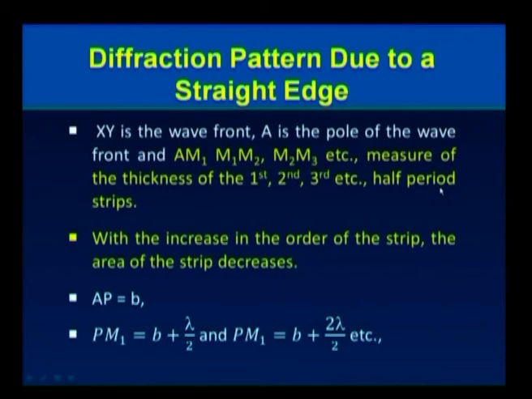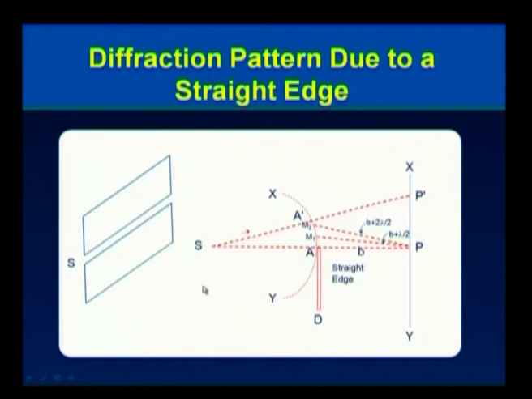And as I told you, with P as the center, we have constructed the half period zones. So xy is the wave front. A is the pole of the wave front. AM1, all these things are known. AP is equal to B. So, now what I do is, with B plus lambda by 2, B plus 2 lambda by 2, then 3 lambda by 2, I draw spheres.